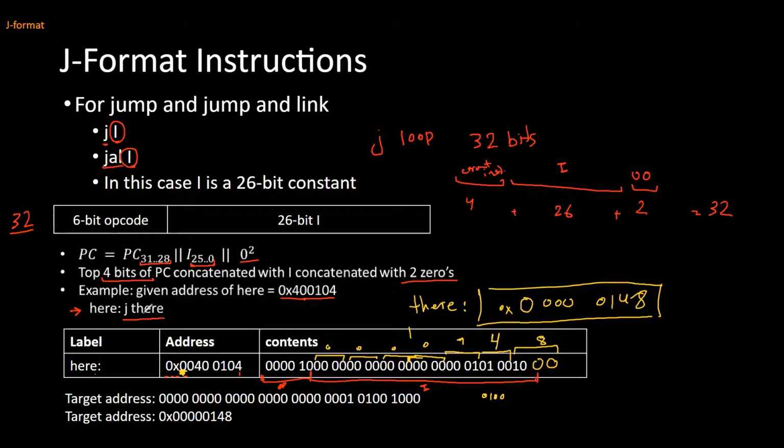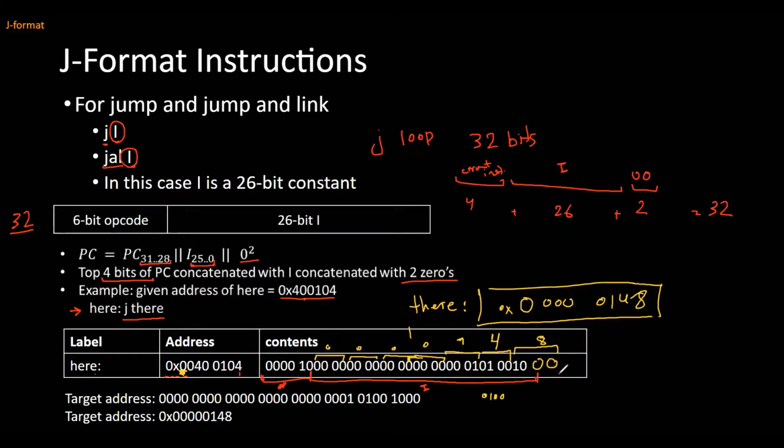So if there was this address, ideally I would store this whole thing in the space that I have here. But unfortunately, the whole thing is 32 bits and 6 bits are going for the instruction itself. So I have only 26 bits. And that's why there is this limitation that we have to work with to store this address.